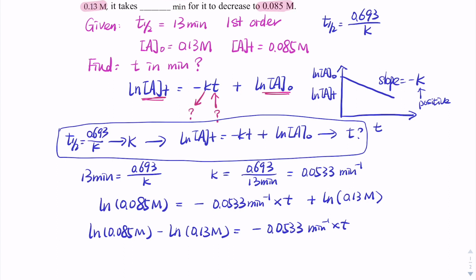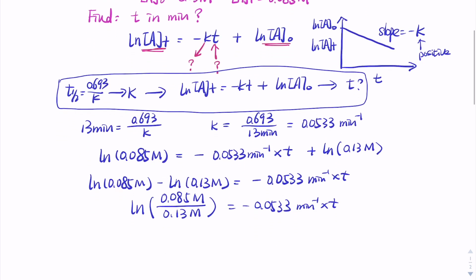For the operation of natural log, when you get to this point, you can also reorganize it this way: ln of 0.085 divided by 0.13. This is something you could do, or you can just calculate the numbers. That's totally fine, you get to the same answer anyway.